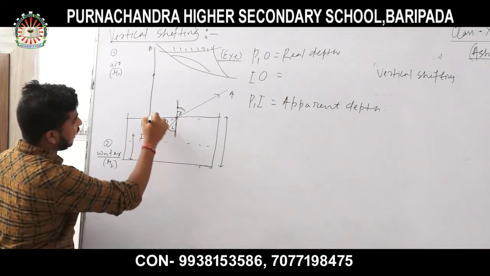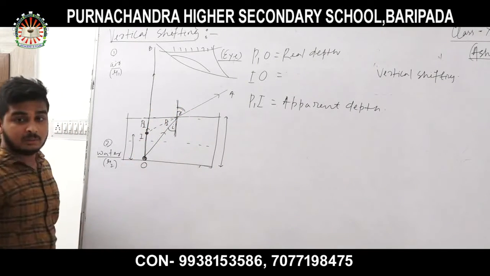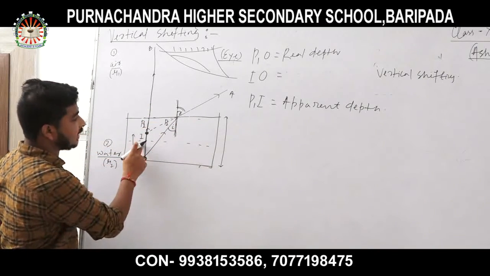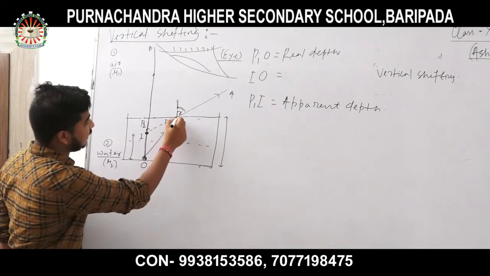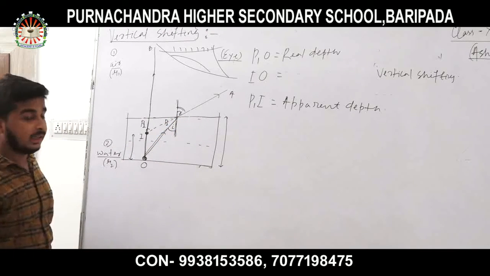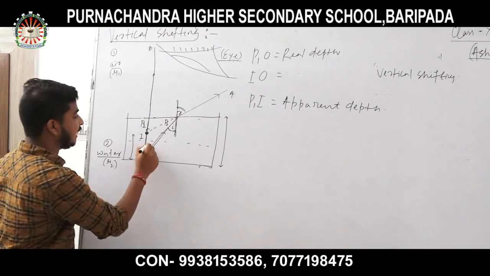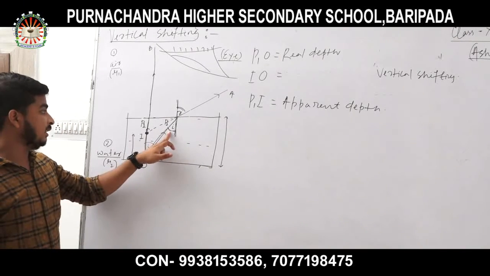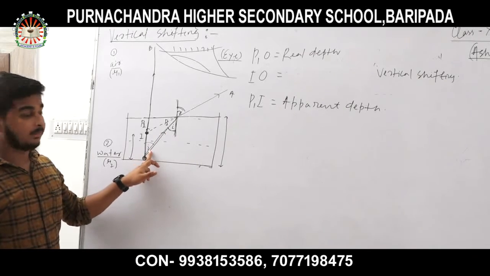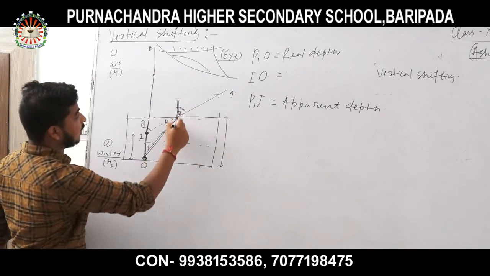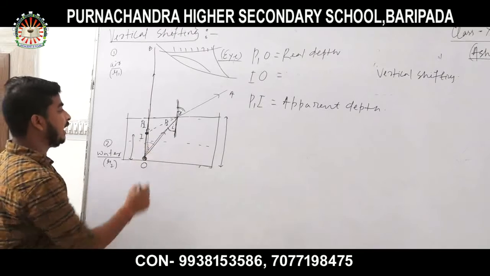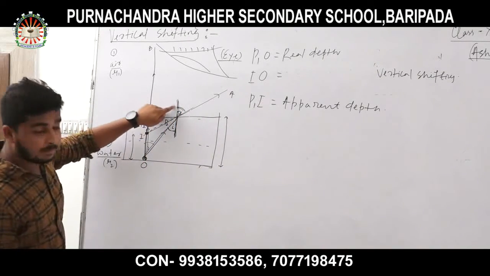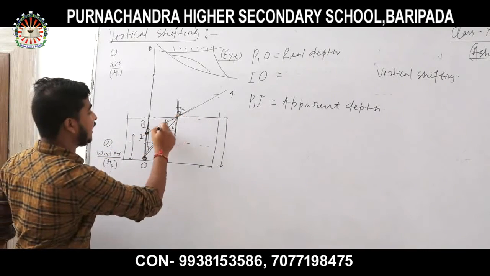Look, these two lines are parallel to each other because this is a normal and this is also a normal, and this is the intersector. If this angle is I, this angle will be I because of alternate angles. Again, these two lines are parallel and this is the intersector.